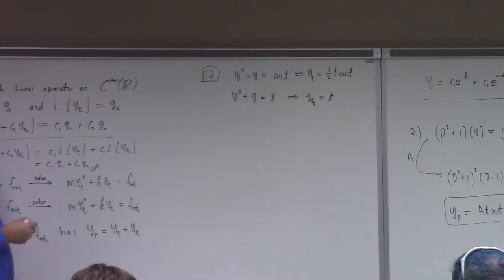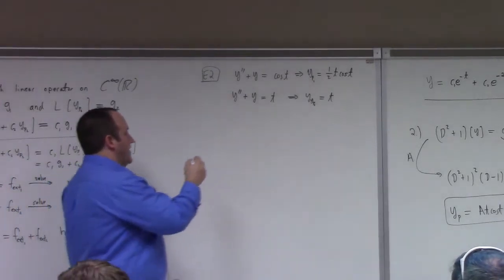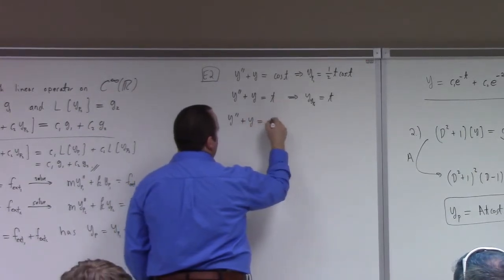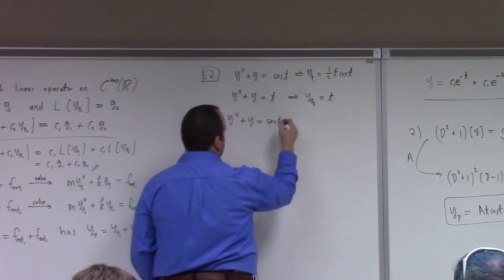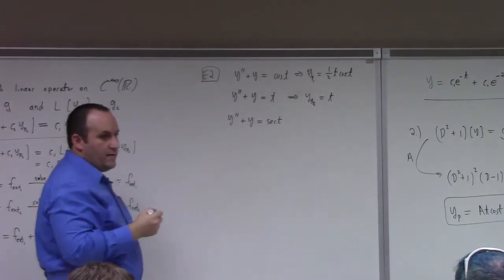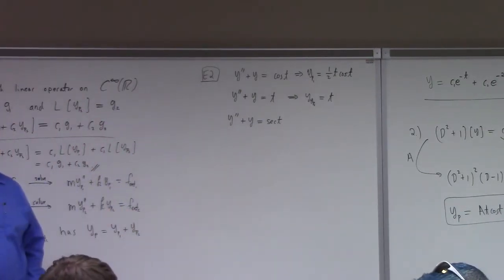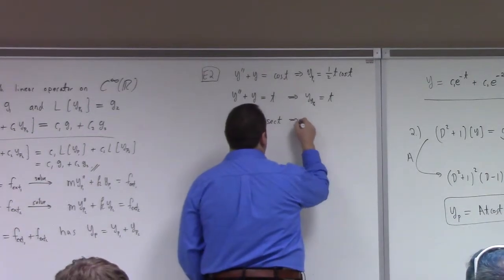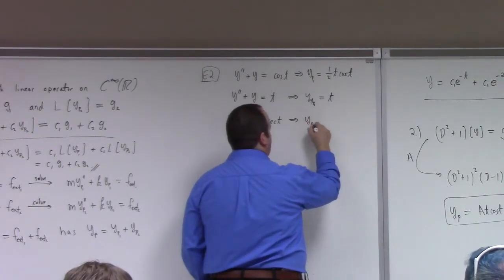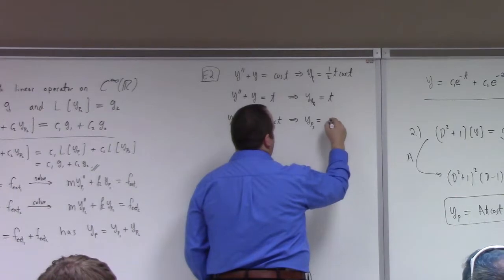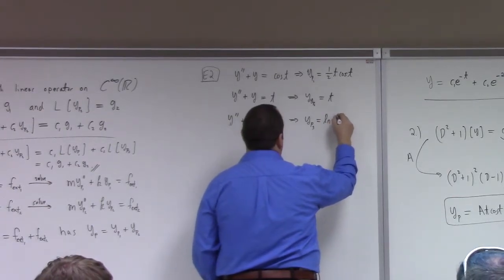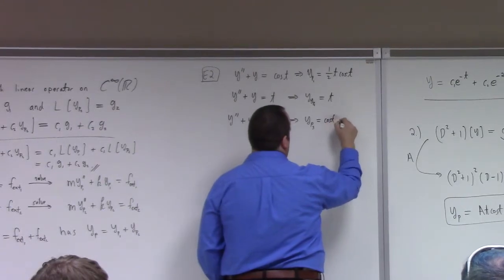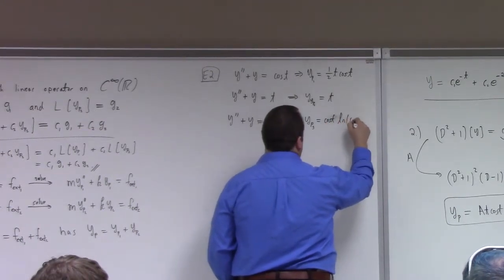Let's see here. What if we had, you guys worked this out with variation of parameters, y'' plus y equal to secant of t? Did we do this one? I think that was my first example of variation of parameters. On the quiz, I gave you tangent 2t because I'm evil. Yp3, I think, actually just works out to cosine t times the natural log of the absolute value of cosine t.